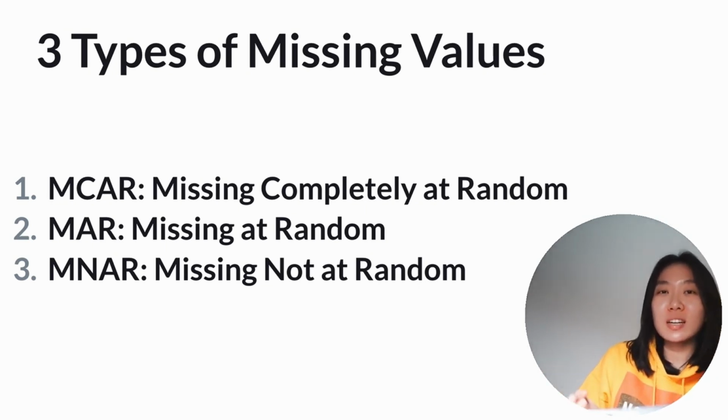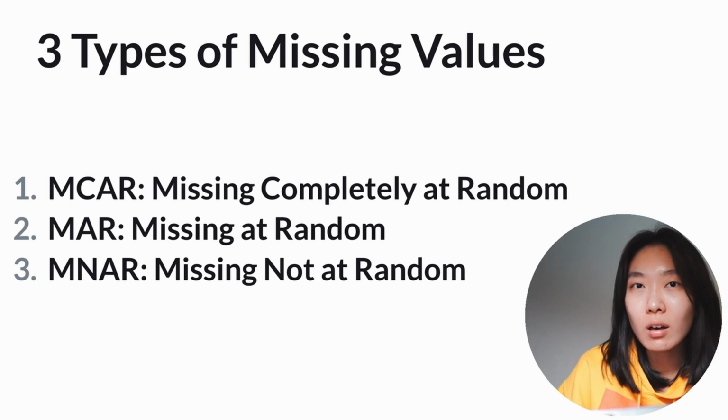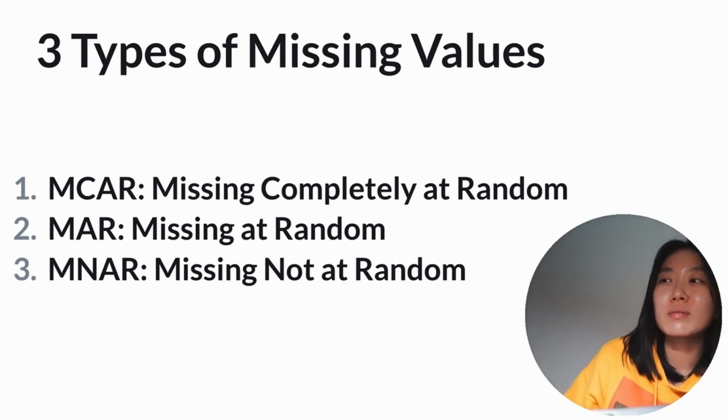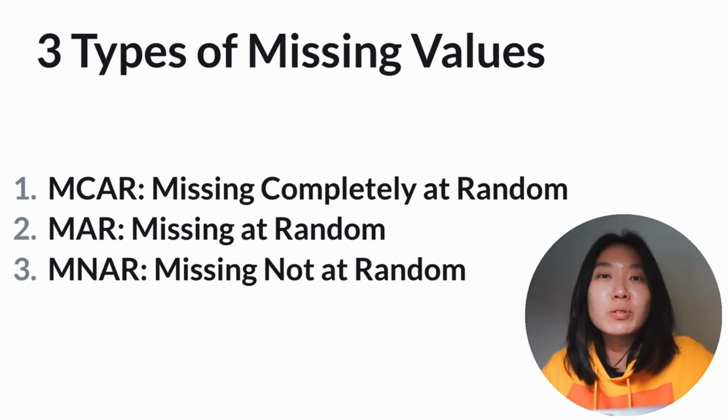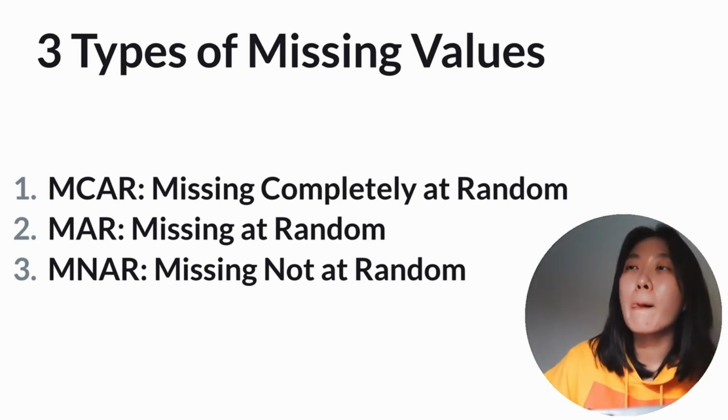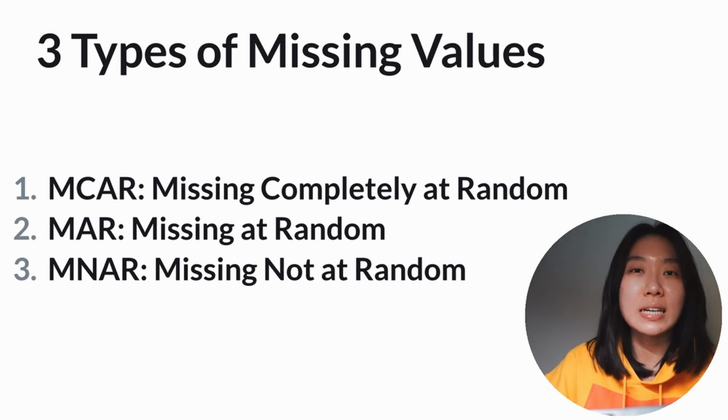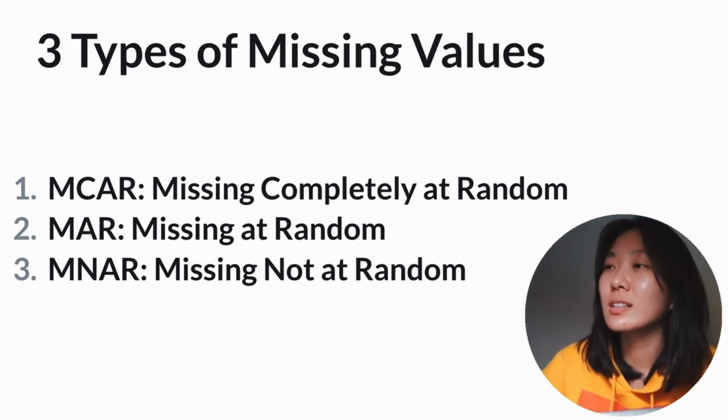So this kind of missingness is not random, but on purpose. Yeah, so that's missing not at random. And these are the 3 types of missing values you need to know. It will help you with your data analysis.